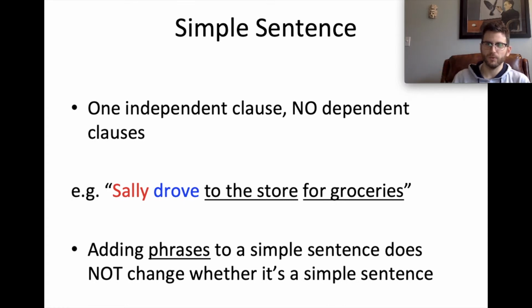Leave me a comment. What's to the store? What's for groceries? Prepositional phrases. So what we've got there is one independent clause. You've got a subject and a verb attached to two different prepositional phrases. So I do not have a dependent clause there. All I have is an independent clause with two prepositional phrases attached to it.